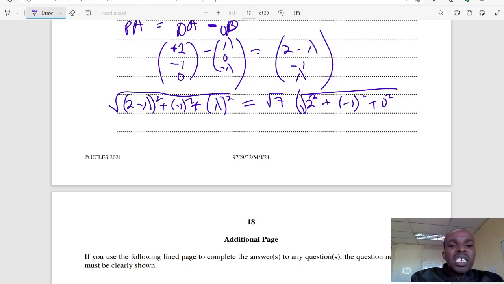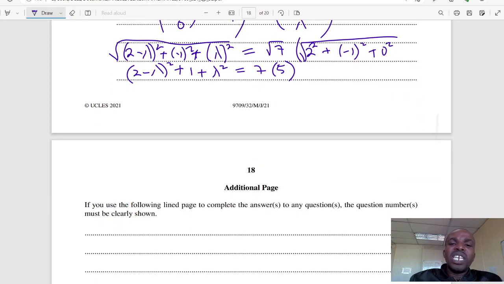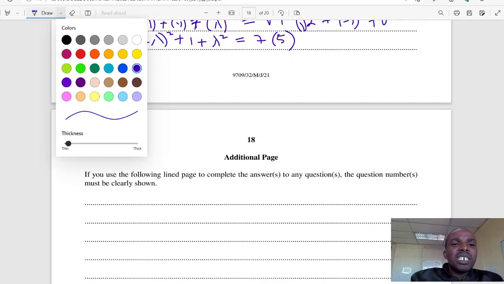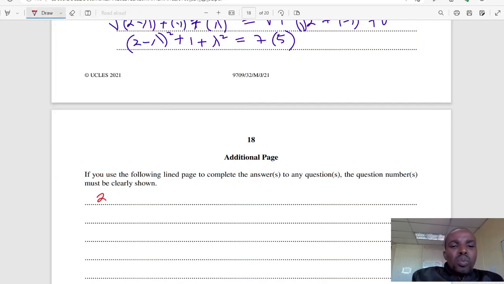Square everything. It will be (2 minus lambda) squared plus (1 plus lambda squared) equals 7 times 5, because the modulus of OA is root of 5, so it will be 35 this side. Then remove the brackets and expand.